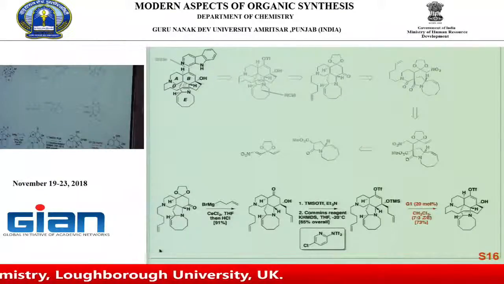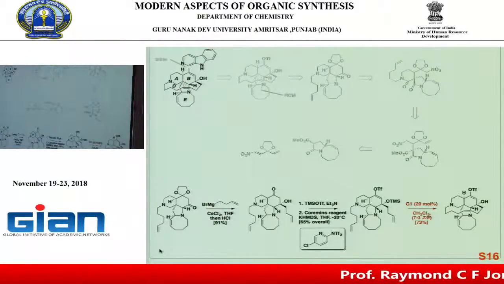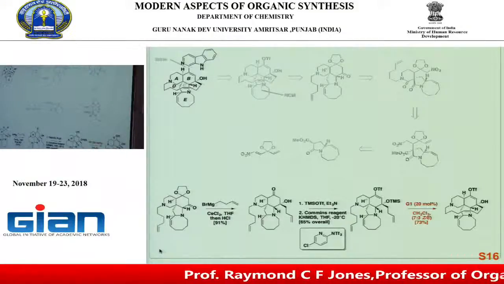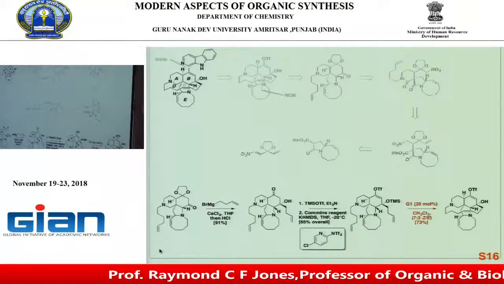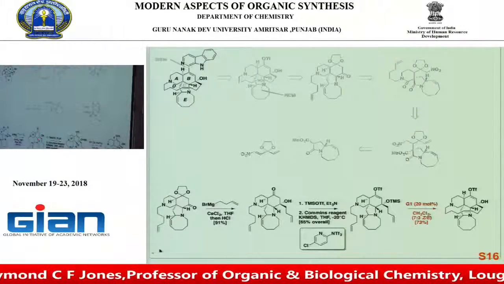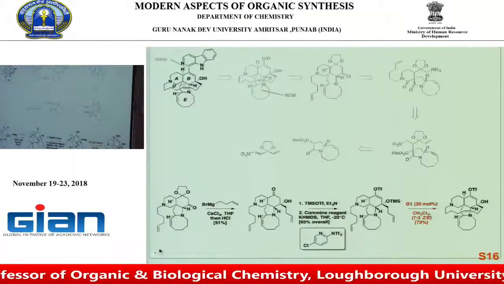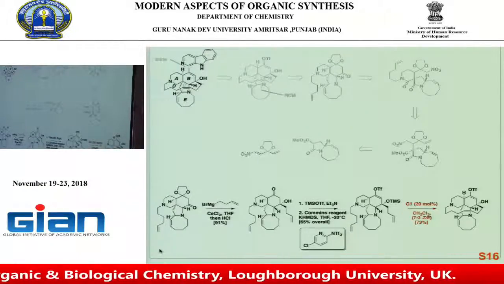Then the next part looks very similar in a way to what Martin did. He used a lithium derivative here. This time it's a Grignard reagent to bring in the right-hand side chain alkene. There it is. Now, there isn't a joint protection between the nitrogen and oxygen in this case because the nitrogen is already part of the 8-membered ring.